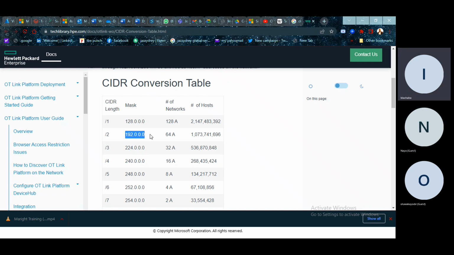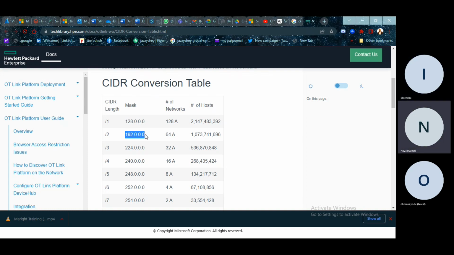Sometimes when a company wants to have a network, they can decide to go for a particular IP address range. An IP address range like this would have 256 computers connected to it.